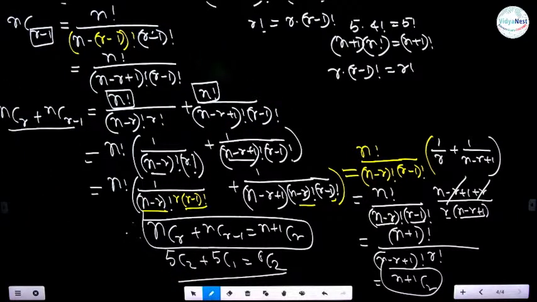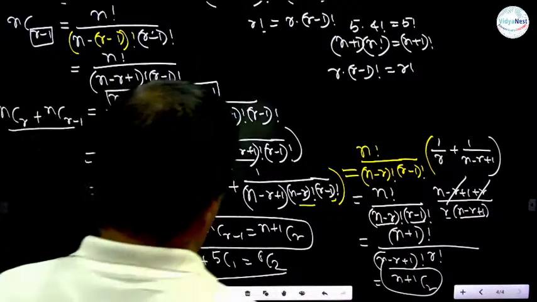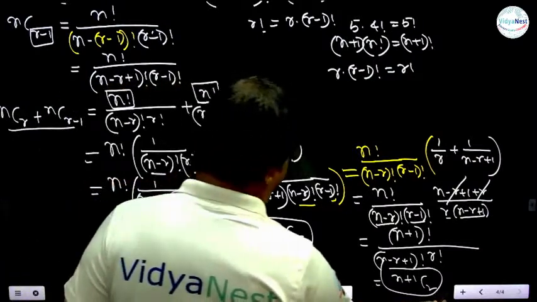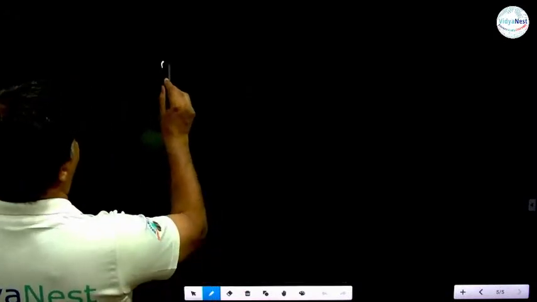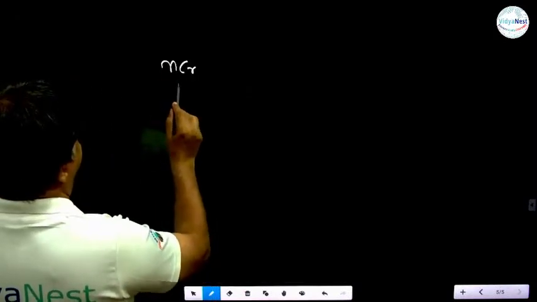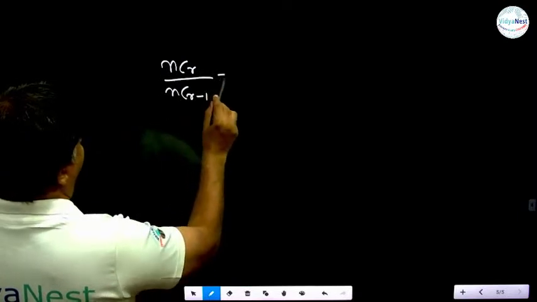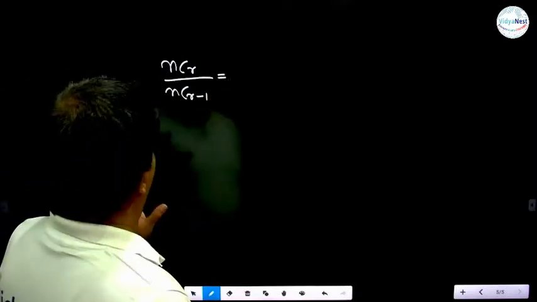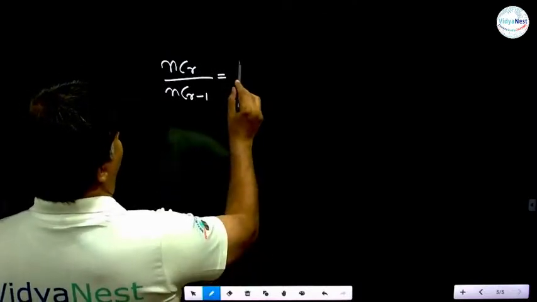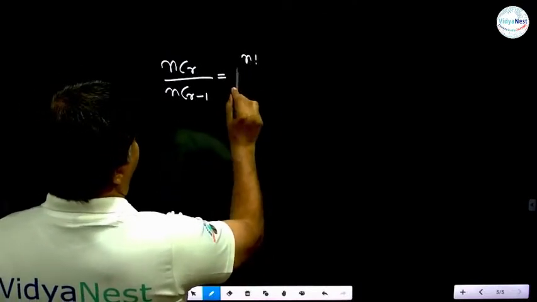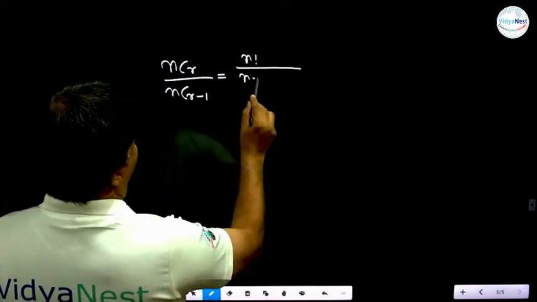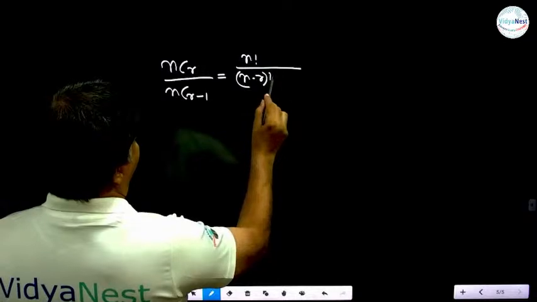Now, another property based on this: nCr by nCr minus 1. See, nCr means factorial n by factorial n minus r factorial r.